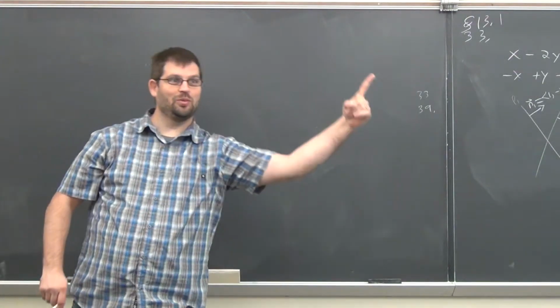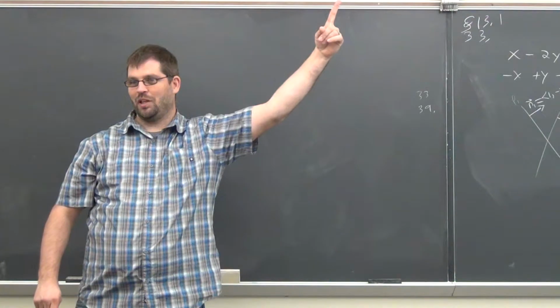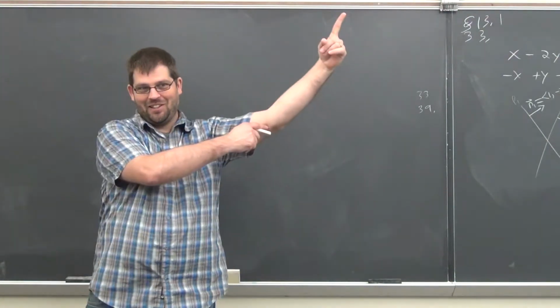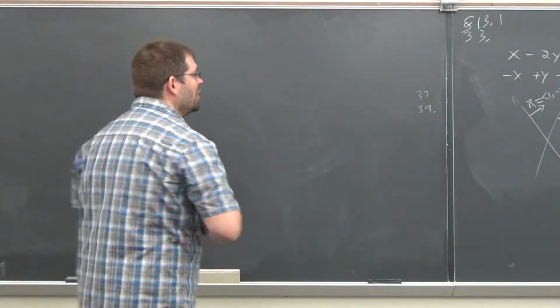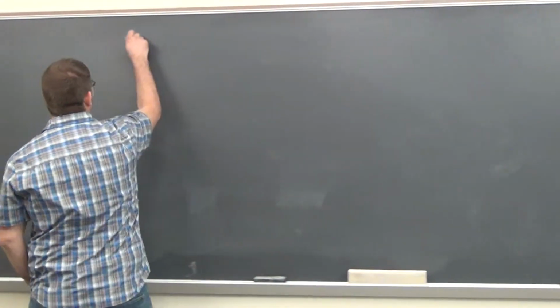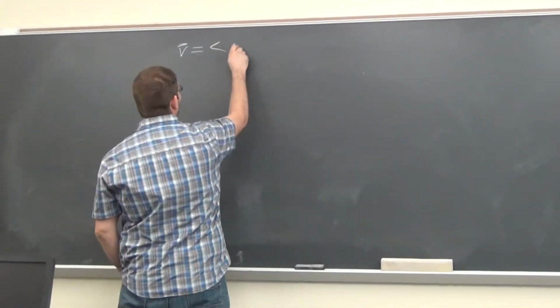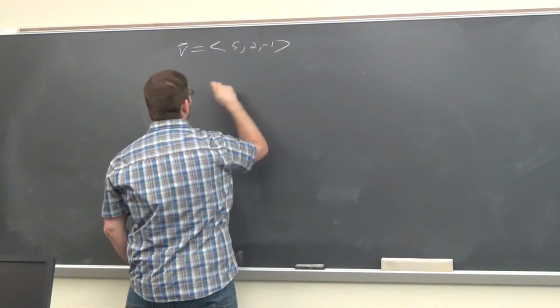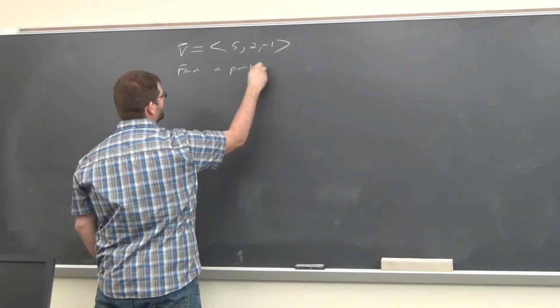Assume my arm's staying still. That's the same vector, but I'm getting different lines. What's the other thing I need? A starting point. So we need a point of intersection. Let me rewrite v here. We came up with 5, 2, -1, and then we need to find a point of intersection.